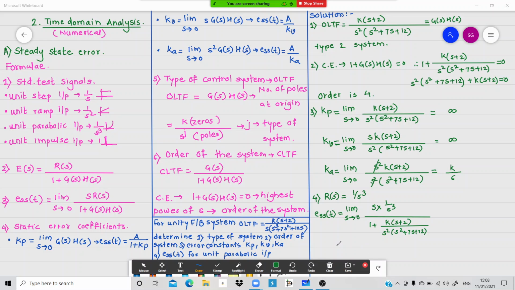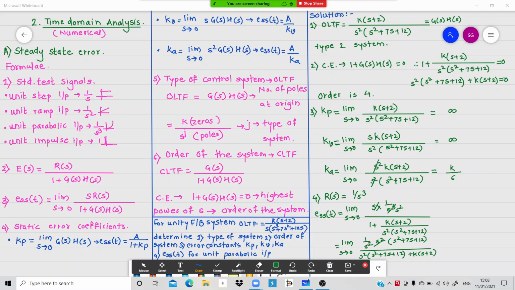So whenever this thing goes in the numerator, this becomes s square. This s square will also get cancelled out, and you are going to have limit s tending to 0 of s square plus 7s plus 12, whole thing divided by s square plus 7s plus 12 plus K(s plus 2).